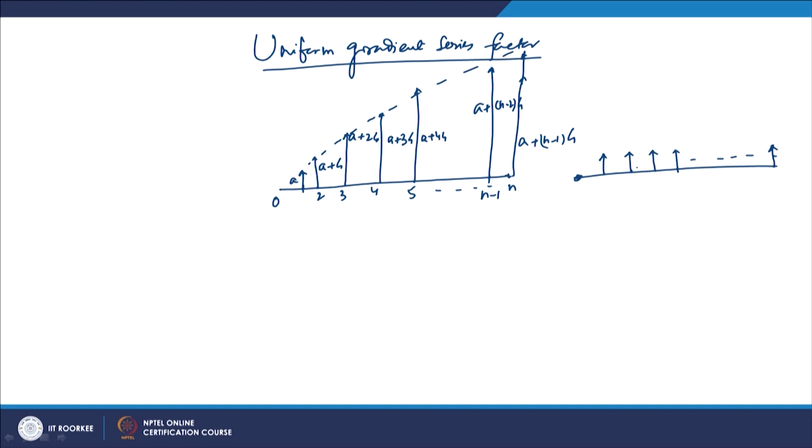If you look at this series, you see that A is always fixed, but the gradient is changing. Now, at this point the gradient amount is 0. So, it is only A.